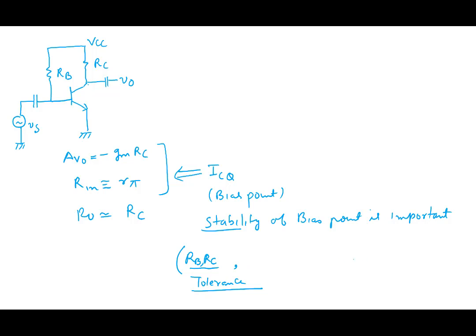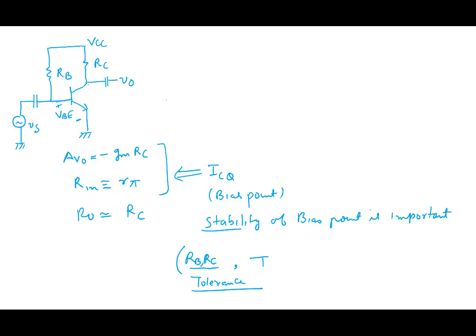The temperature, of course, was there. Temperature causes resistors to change their value. Temperature causes changes in beta. Temperature causes changes in the base emitter voltage that you see here.